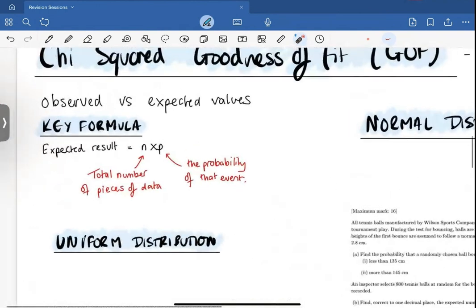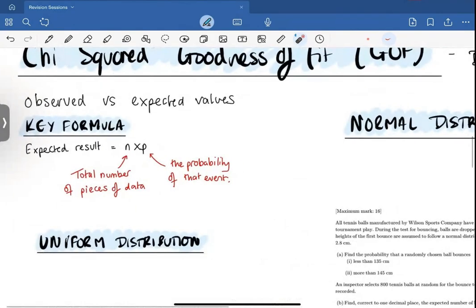Now, there are some key things here. What we're going to be doing is comparing our observed values, so what we see, the data that's given to us, versus what we would expect to see if that distribution were the one that we thought it was going to be. Now, a key formula here is the expected result formula, because we're going to be comparing expected values.